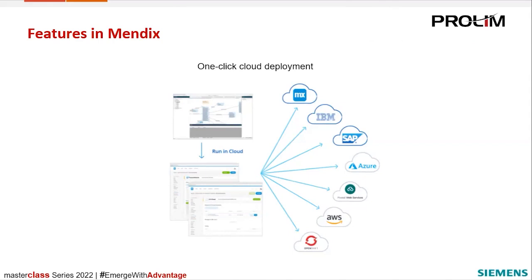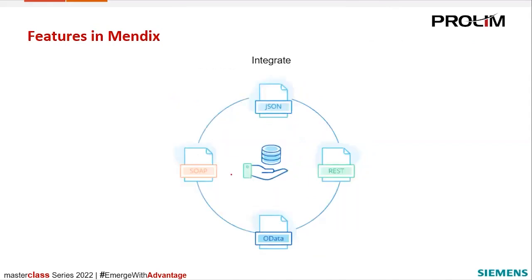Moving on to the next feature, integrate. Integration is adding something new inside Mendix. Previously, we could not integrate something inside Mendix. But right now, Mendix supports almost every third-party application using their APIs.